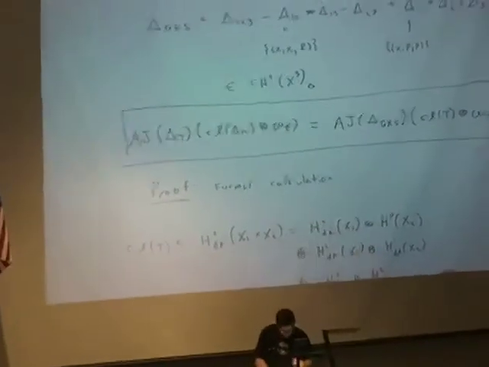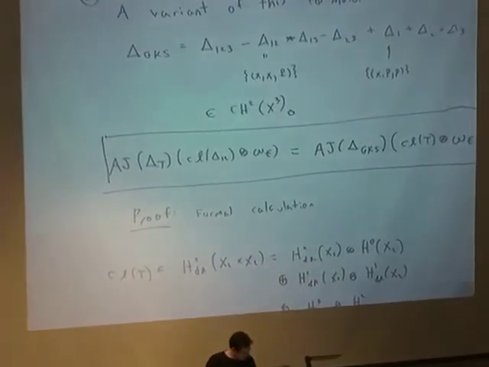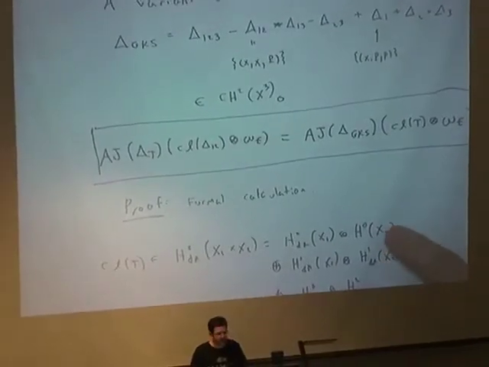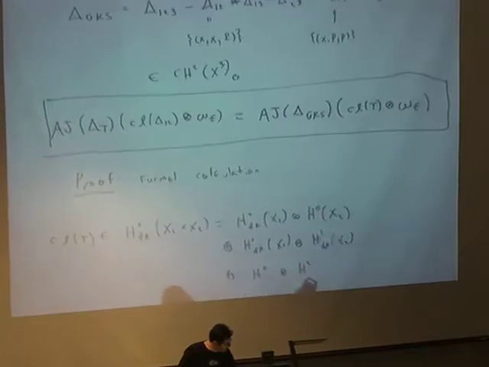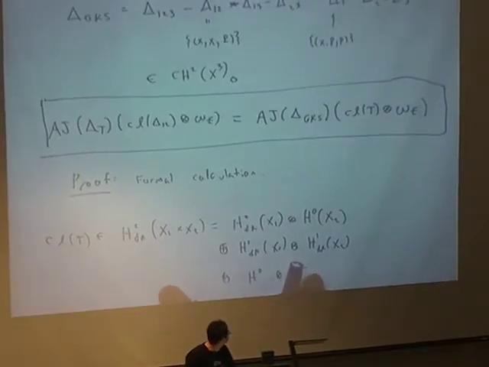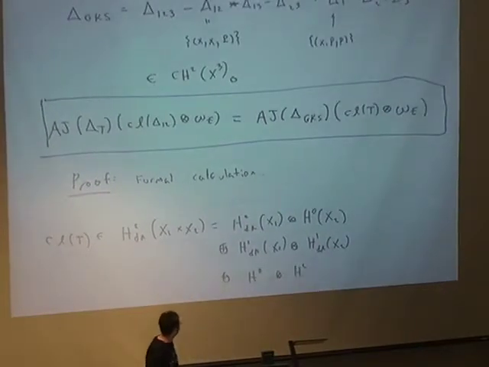Okay, so you have these three pieces. And for us, the H2 tensor H0 and H0 tensor H2 pieces are a little bit extraneous. We don't want to deal with them. Turns out they don't give us such interesting points anyway.